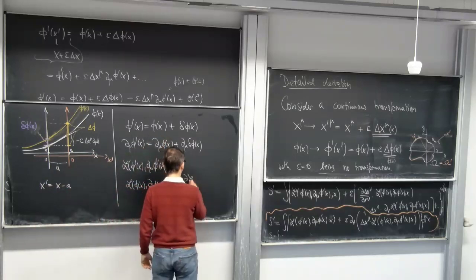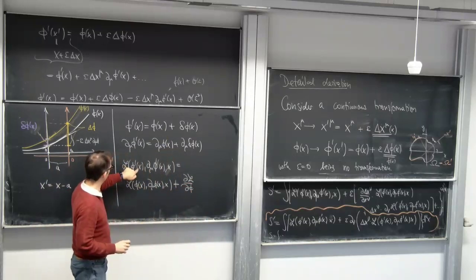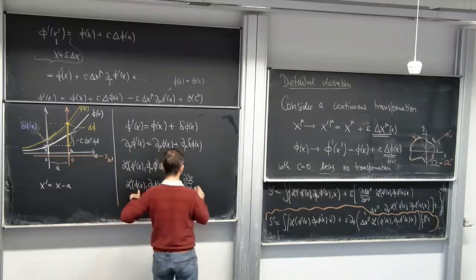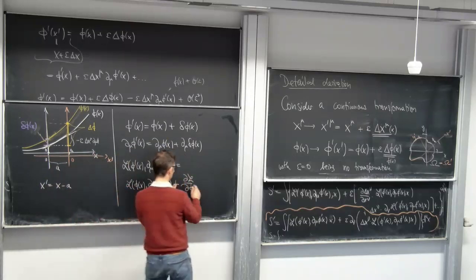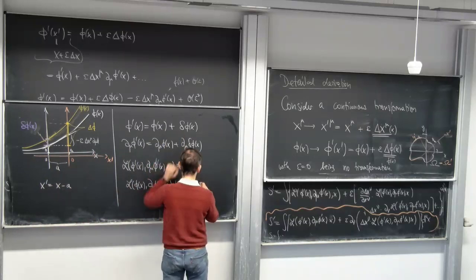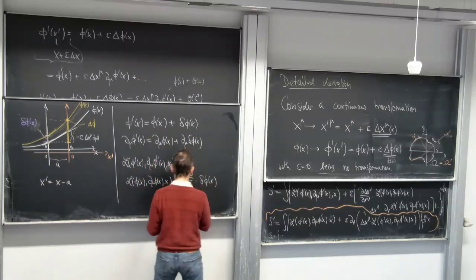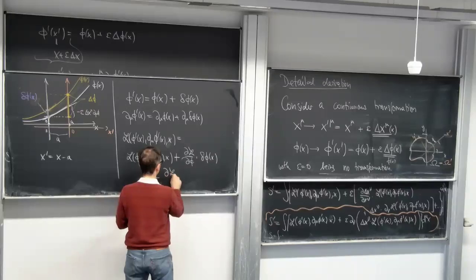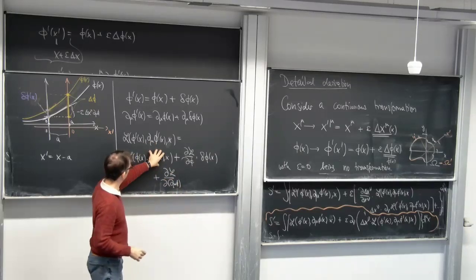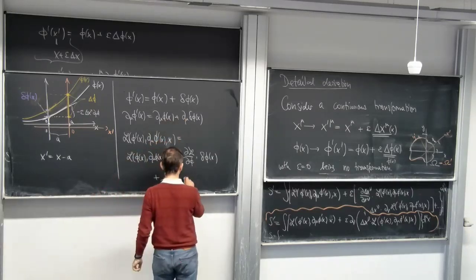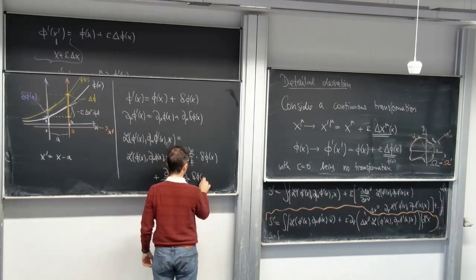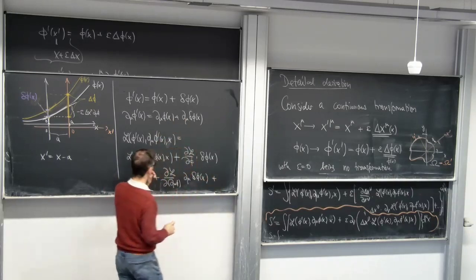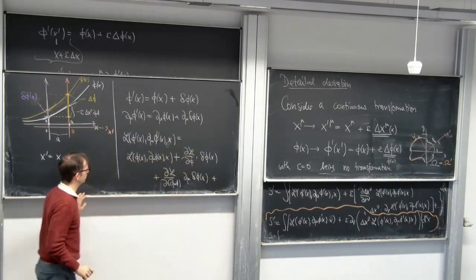It is dL by d phi, taking the derivative with respect to the first argument. L has all these arguments, and I'll bring that out, and then the variation delta phi, plus the derivative with respect to the second argument times the variation d mu delta phi, and then plus nothing else because I only go to the linear order.